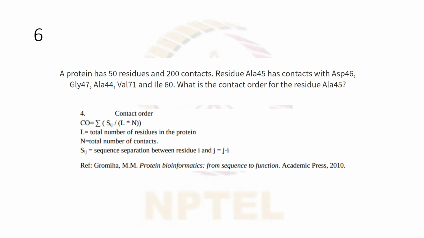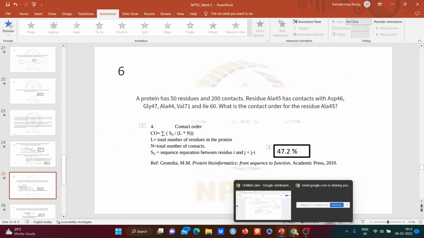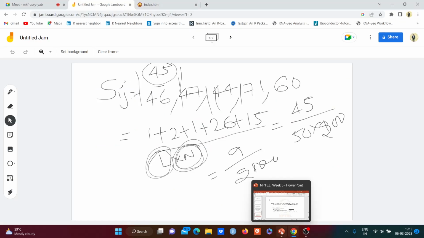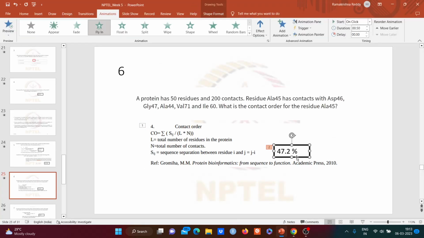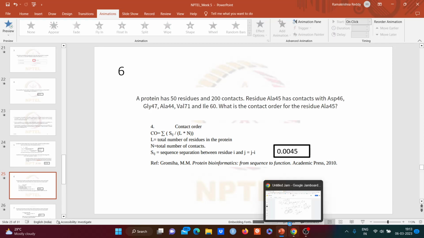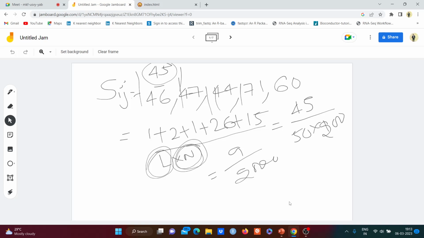Okay, now can anyone mention the values? So the value will be 0.045.